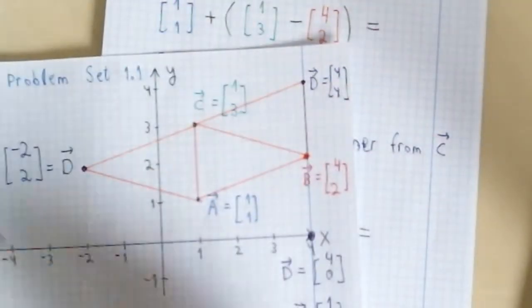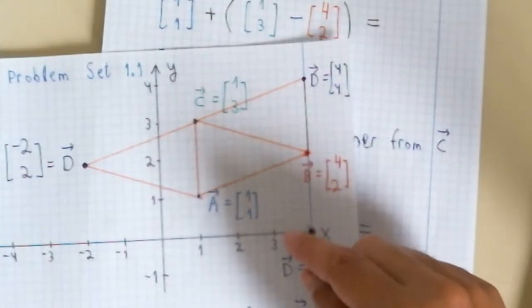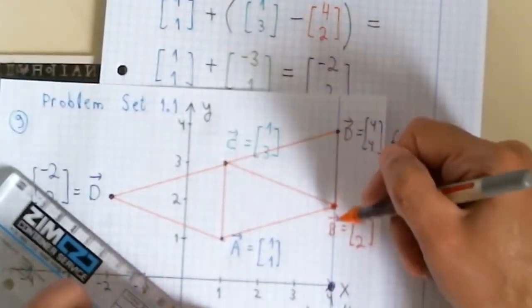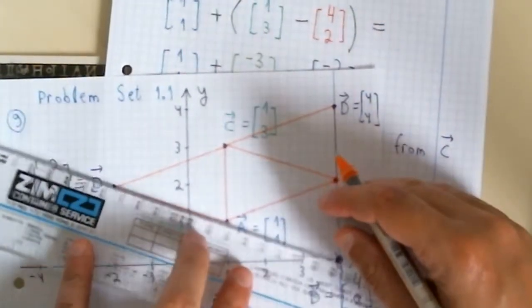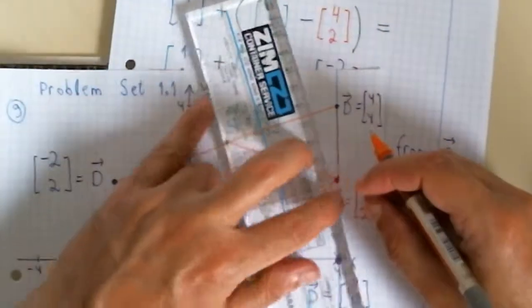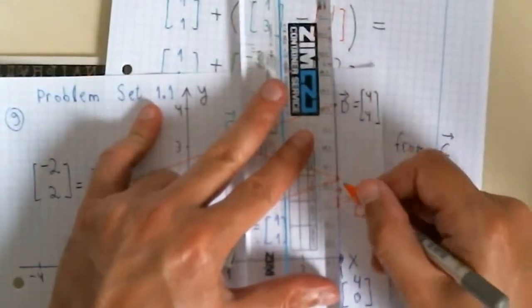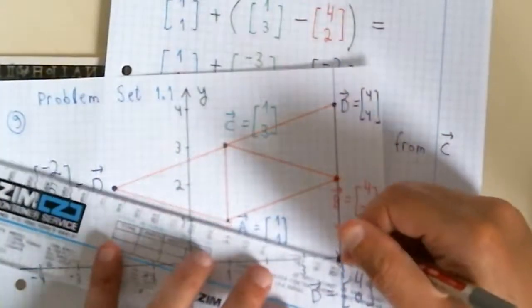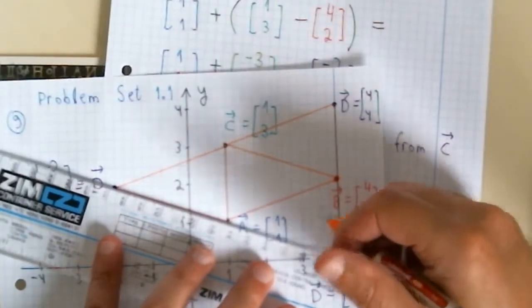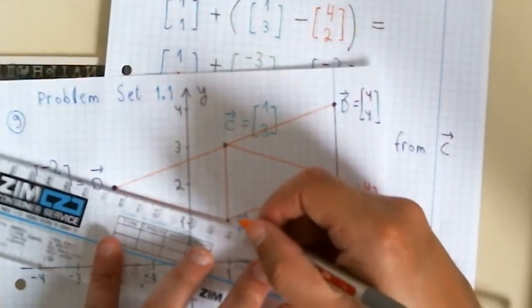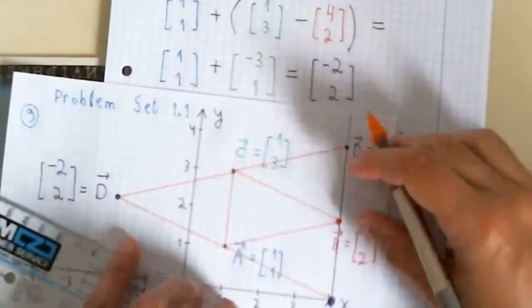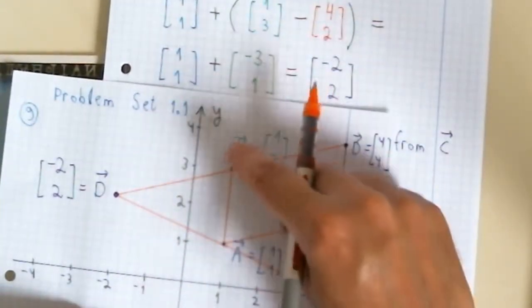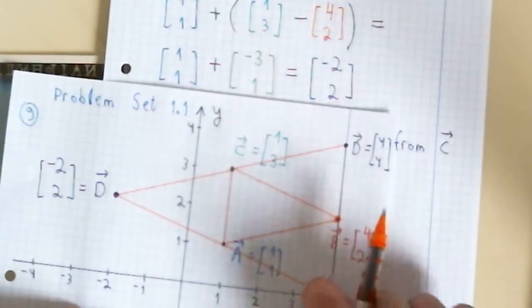Okay, so if we wanted to draw, it would be from A to C, from C to B, from B to D, and from A to D, or from D to A. Okay, like this. A to C, C to B, B to D, D to A.